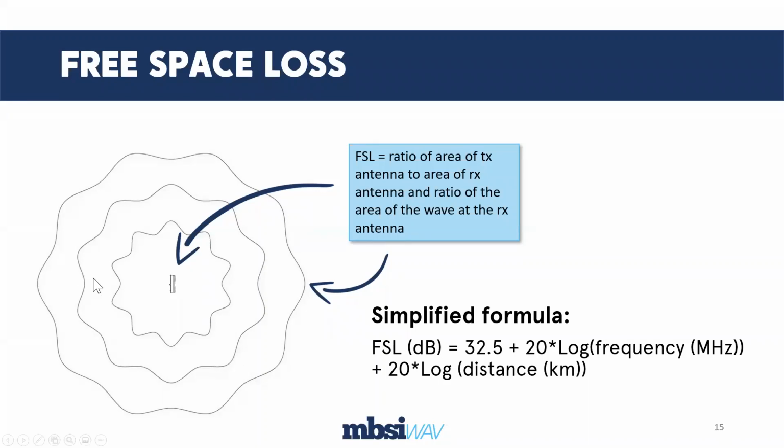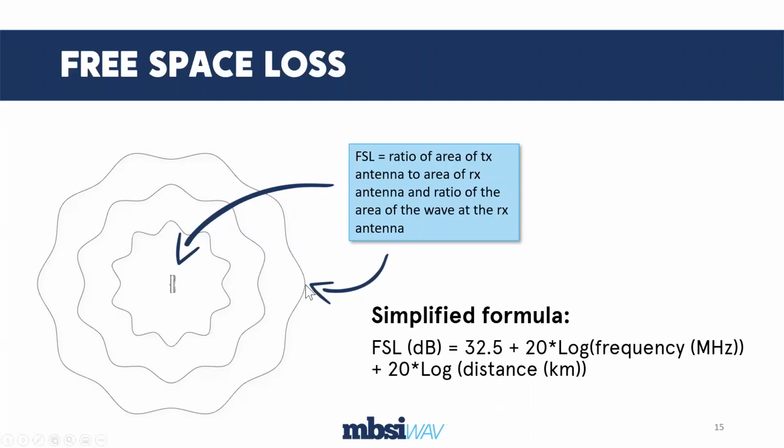In this graphic, we have an antenna that's transmitting in the center of this. We have our energy radiating out in every direction from this antenna. Then at some point out in space here, we have our receive antenna. In this case, let's say it's at the end of this arrow.